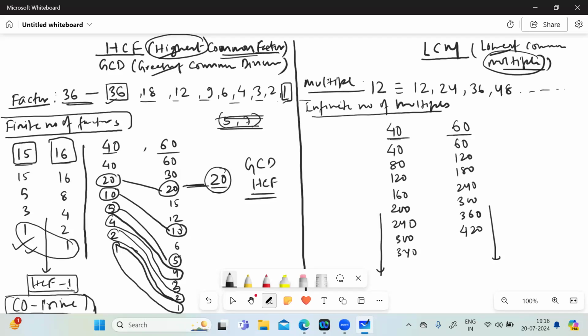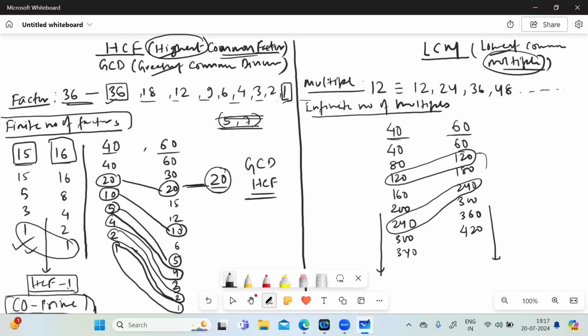Like for 40 and 60, the first common multiple that we are getting is 120. The second common multiple that we are getting is 240. So, after getting the first common multiple, you can just visualize and observe that any multiple of 120 will be a common multiple of 40 and 60.